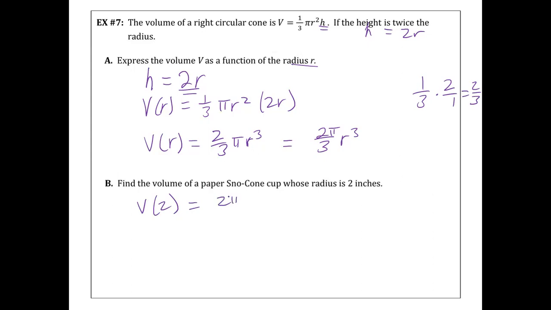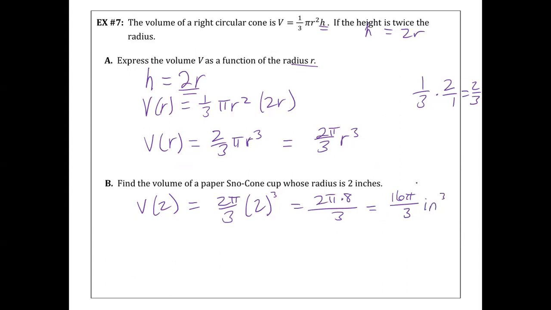So we have 2 pi over 3 times 2 cubed. We know R now. So that gives us 2 pi times 8 over 3, which equals 16 pi over 3 inches cubed.